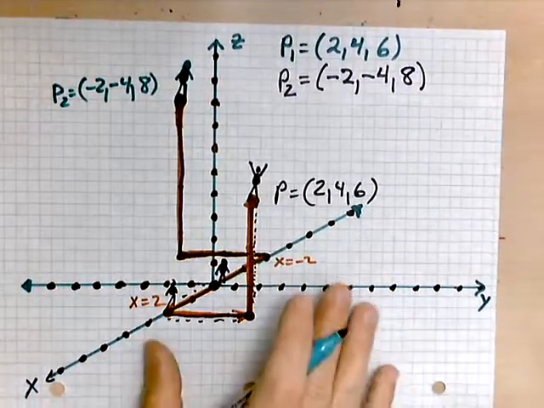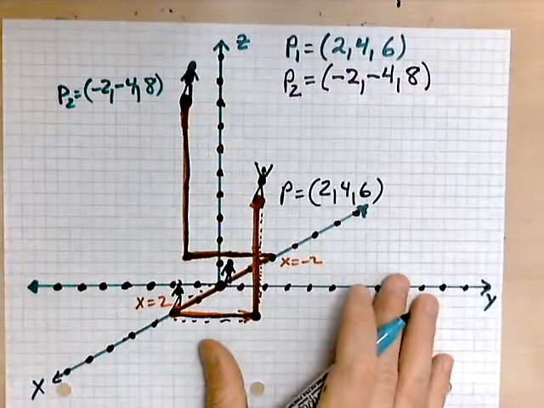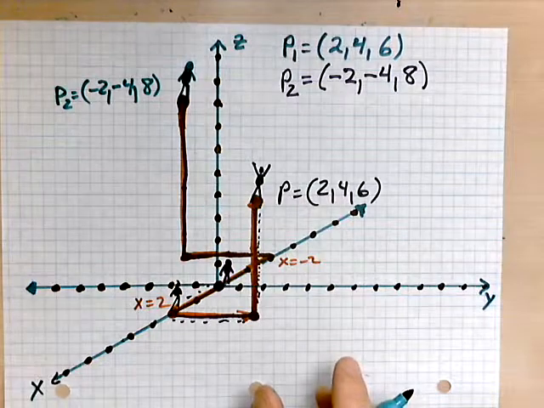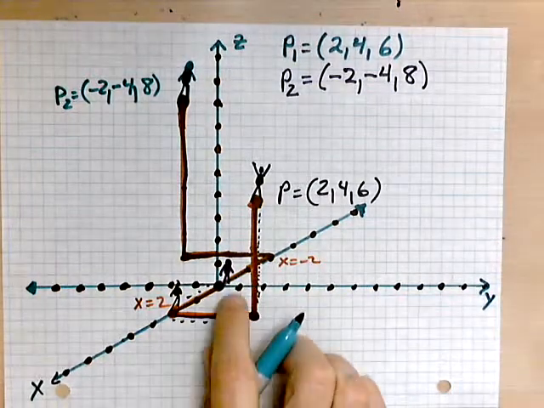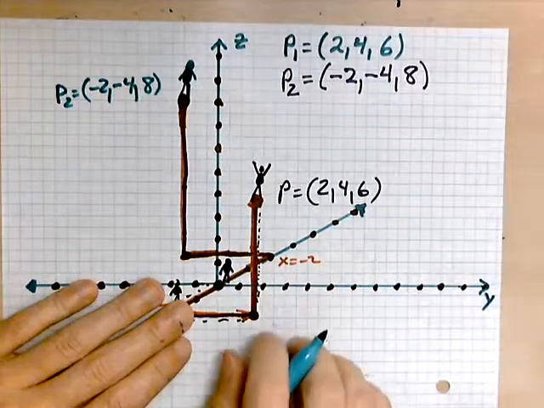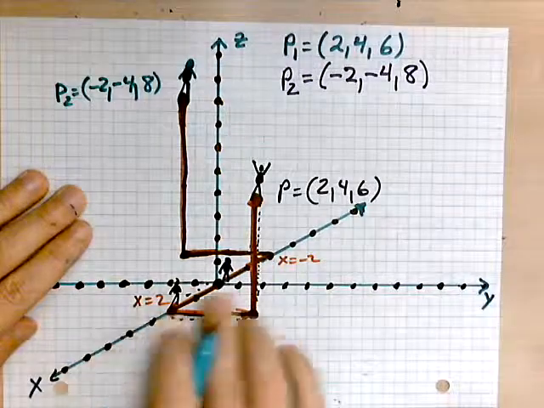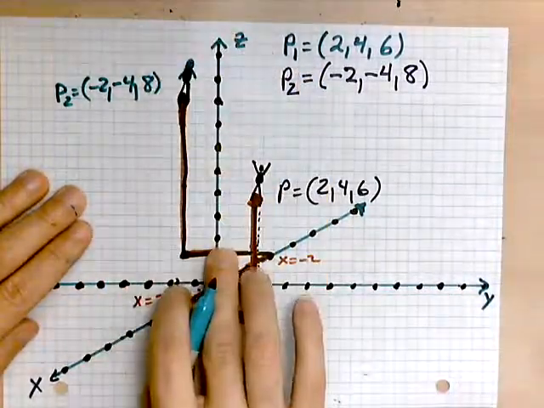So these are the basics of plotting points within a 3D coordinate system. Remember, it consists of 3 number lines crossed together. Where they meet, that is known as the origin, because we begin counting from the origin. Any point here, here, or here is counted as positive.